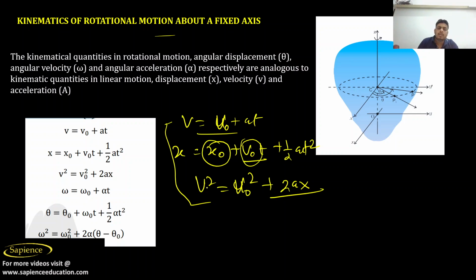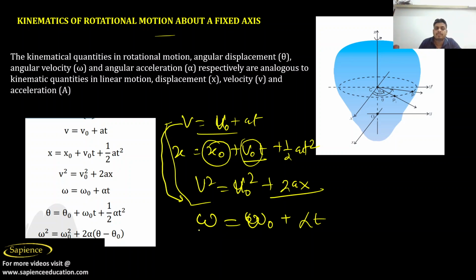Now you need to change this context. So final velocity can be written as omega, initial velocity as omega naught, and v equals v naught plus at becomes omega equals omega naught plus alpha t.